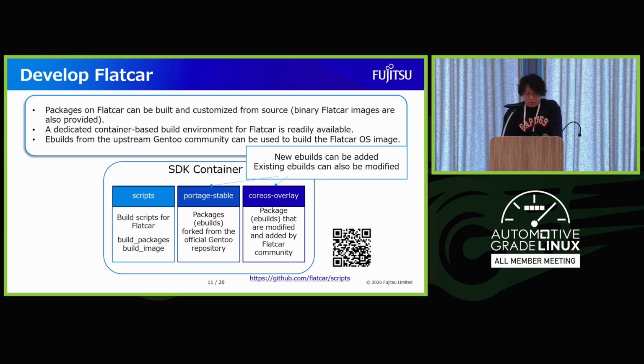It also includes ebuild repositories. One repository contains package ebuilds forked from the official Gentoo repository. Another repository contains ebuilds modified or added by the Flatcar community. Scripts use these ebuild repositories to build packages and OS images.